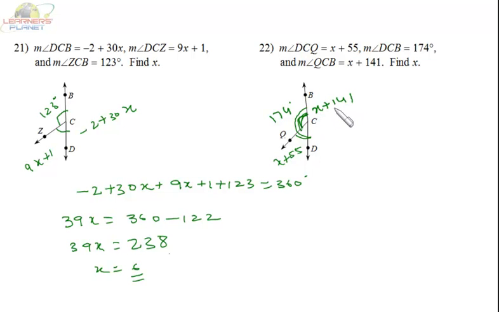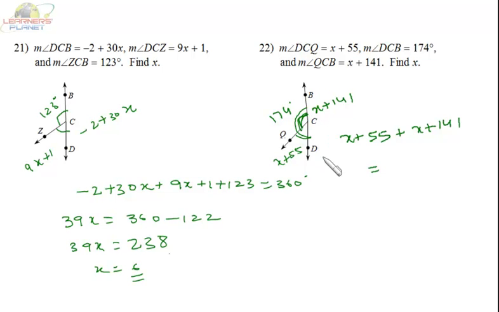Okay, now what will happen? This angle plus this angle is this complete angle. That means angle DCQ, that is this angle, that is x plus 55 plus angle QCB, that is x plus 141 is equal to angle DCB, that is this complete angle.